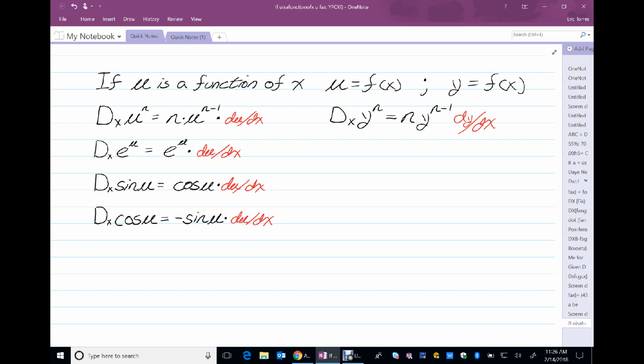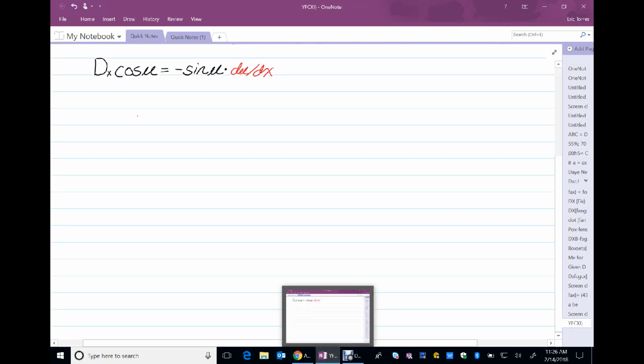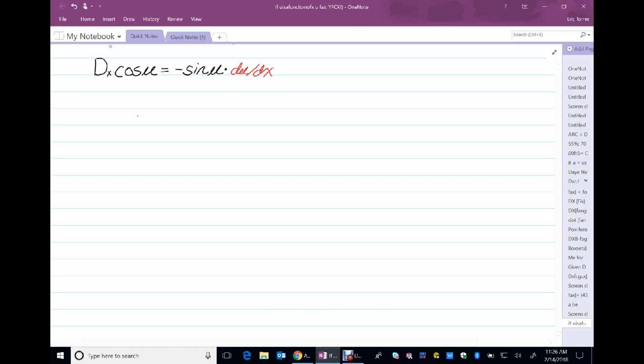With that, I can handle complicated situations such as, let's take a look at this. So now, instead of having to solve for Y in this situation, I can take this using both chain rule and our normal power rule.